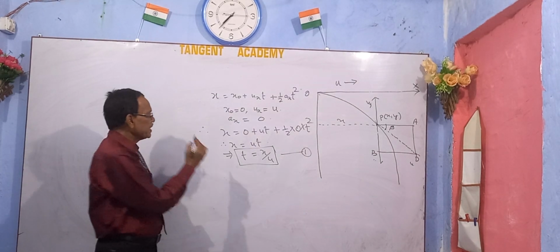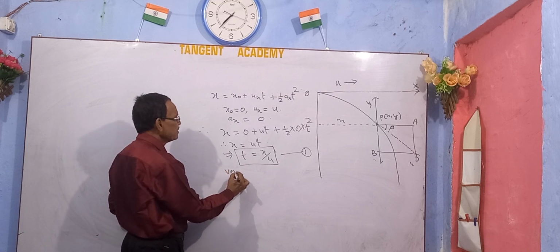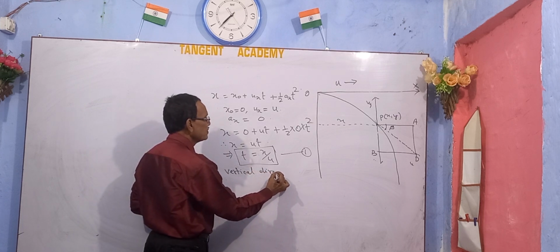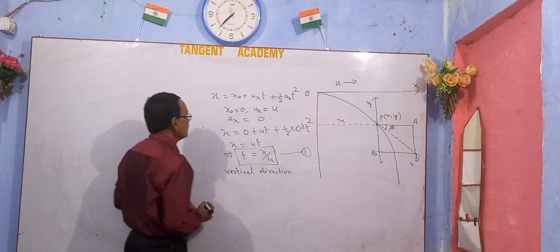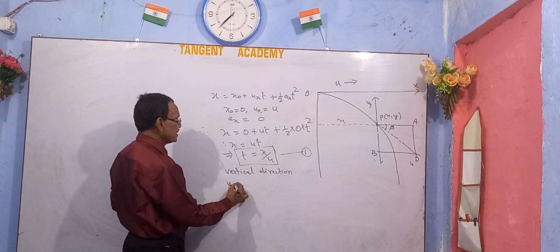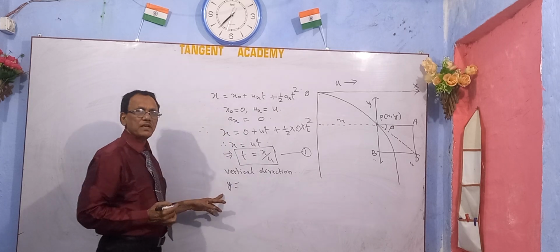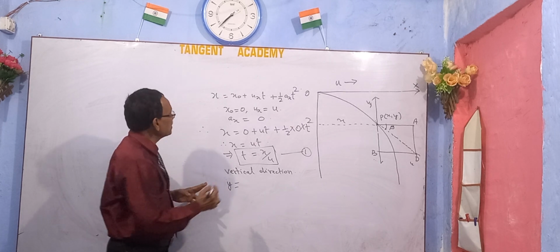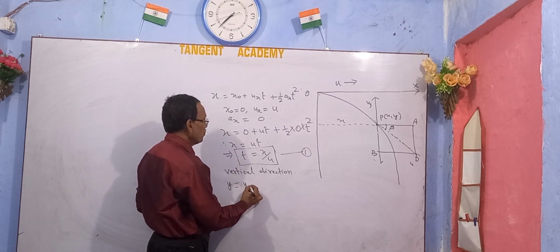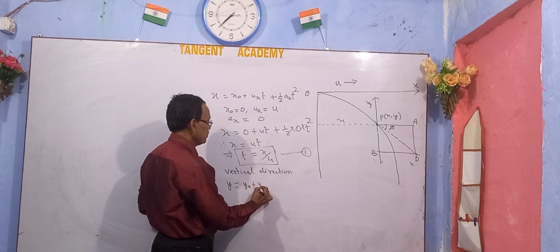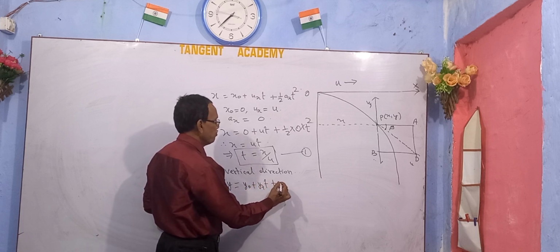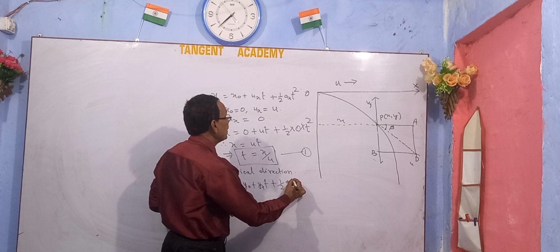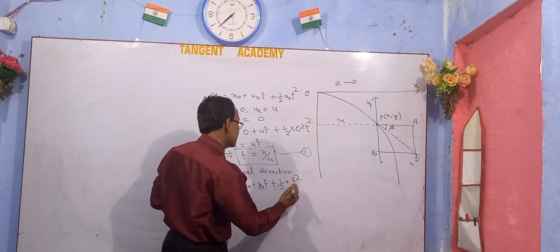Now we consider the vertical direction. In the vertical direction, y is equal to the distance covered in the vertical direction, which further I will denote as h, height. y is equal to y naught plus uyt plus half ayt square.